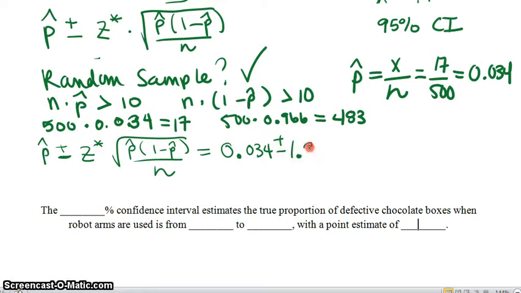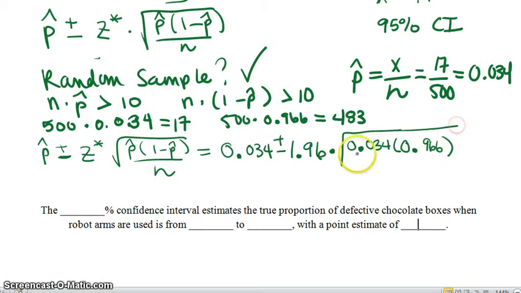That is because we're doing a 95% confidence interval, and that goes along with a Z critical value of 1.96, times our standard error, which is the square root of 0.034 times 1 minus this, 0.966, all divided by my sample size of 500.